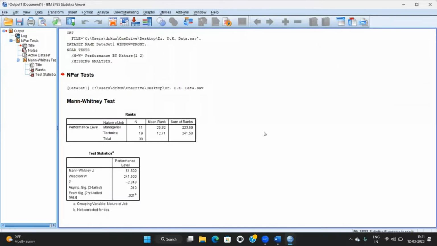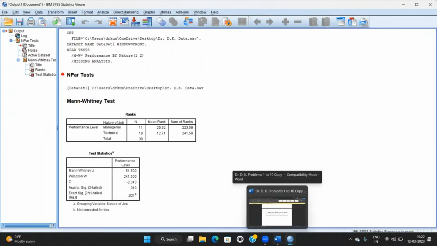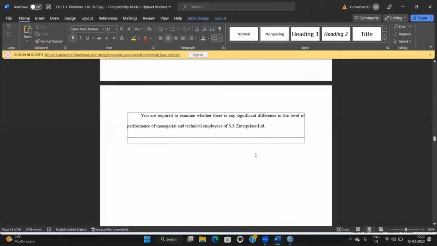Then the test results: the Mann-Whitney U value is given, the Wilcoxon value is given, the Z value is given, the P value is given, then the exact significance value is given. Out of all these measures, we have to take the P value alone.